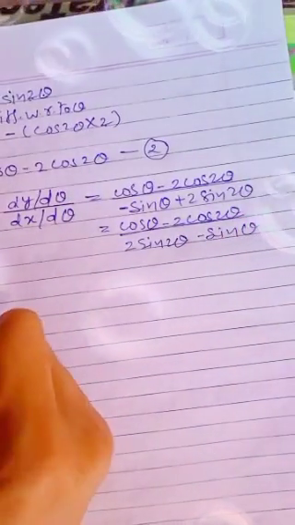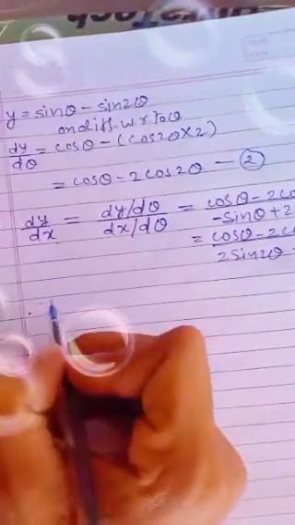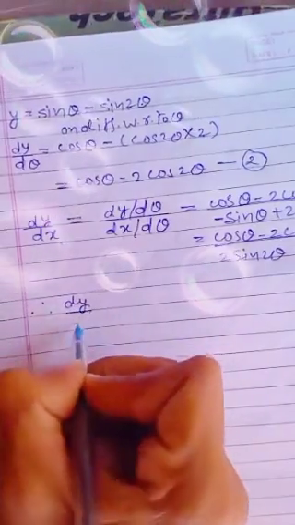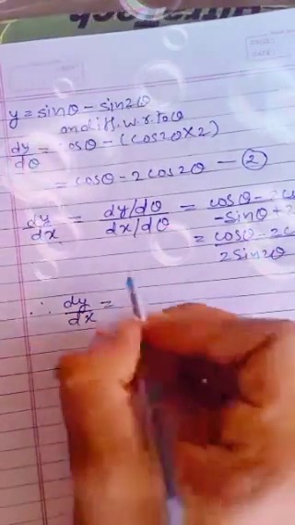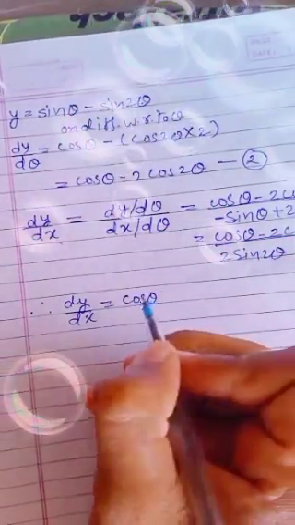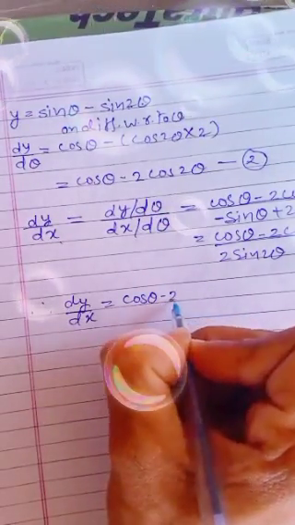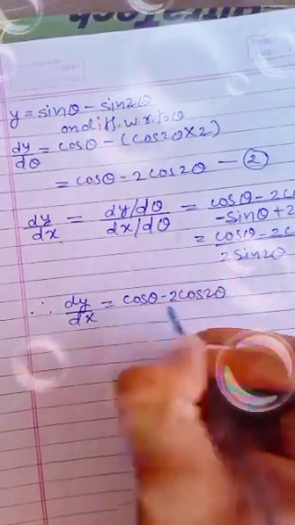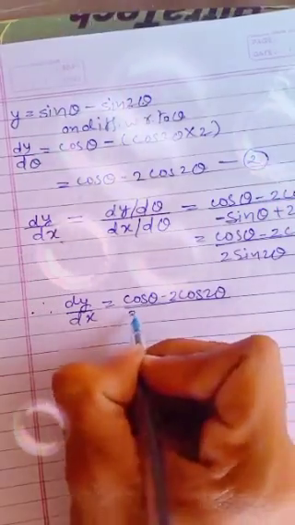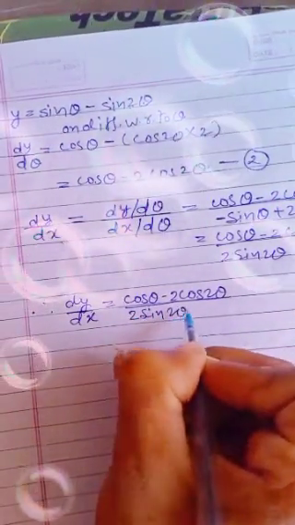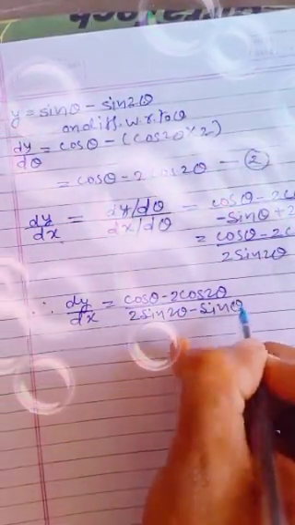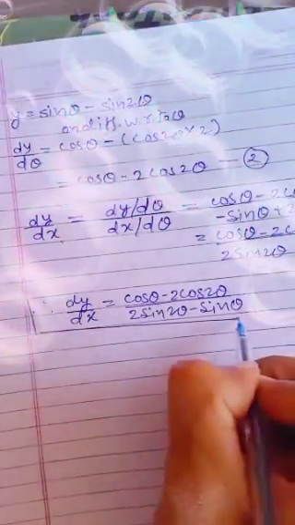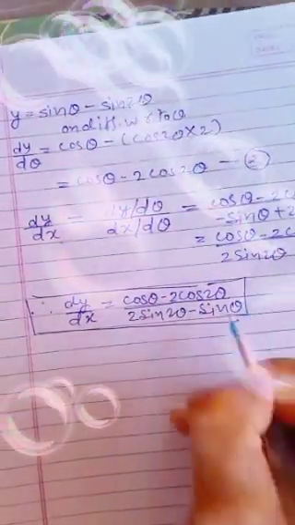Or you may say dy over dx is equal to cos theta minus 2 cos 2 theta divided by 2 sine 2 theta minus sine theta. So this is the parametric form and we can easily find dy over dx.